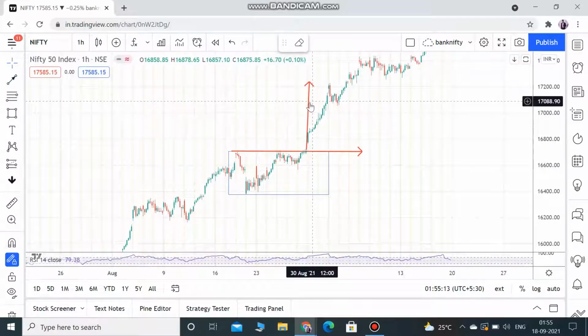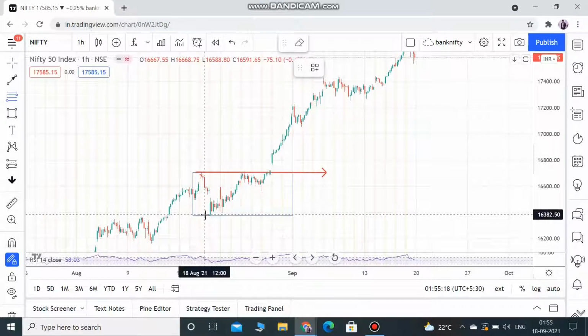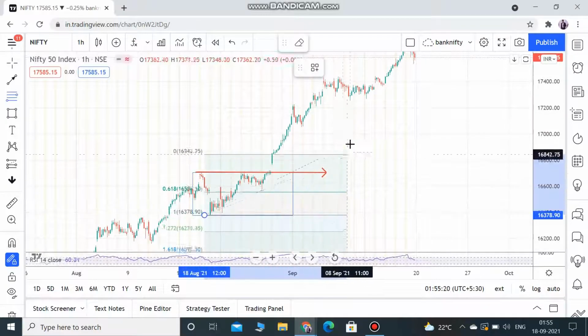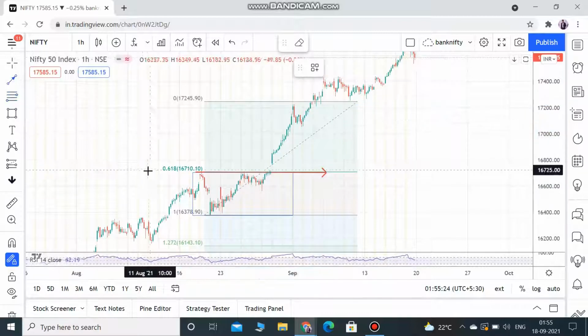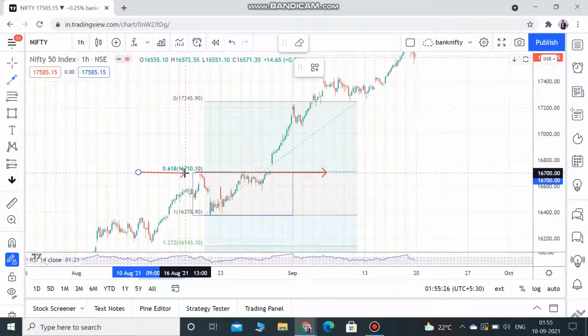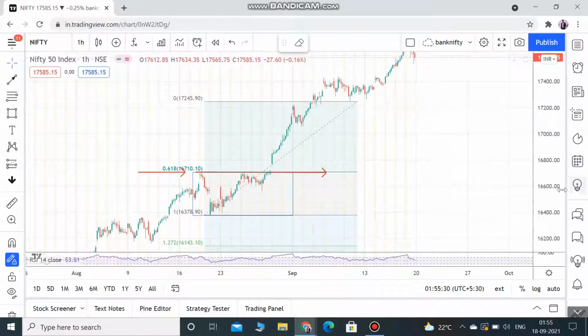So I just take the low of this consolidation and mark it till my 61 Fibonacci. You see this, right? Fibonacci 61. That will be my high.